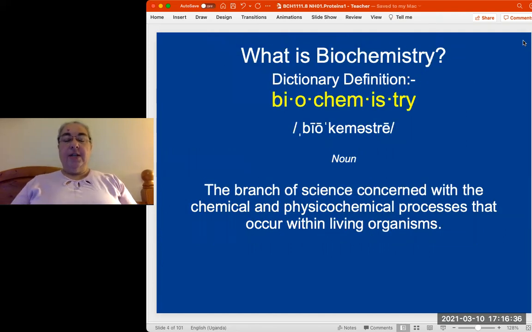I thought I'd start off by defining again what we mean when we say that we're studying biochemistry. This is a dictionary definition I found of the word. You'll notice that the word has two parts, bio, which reminds you of biology, and chemistry.